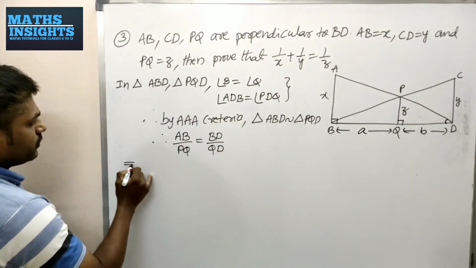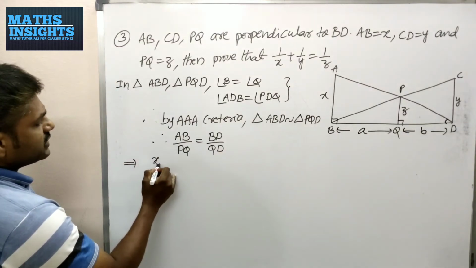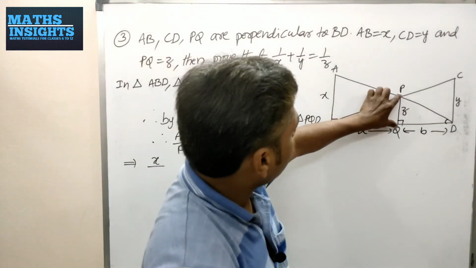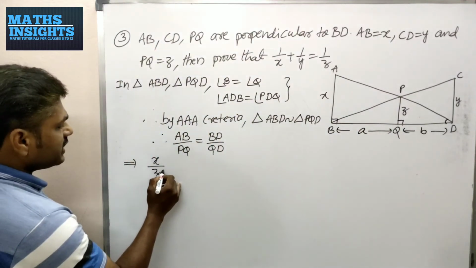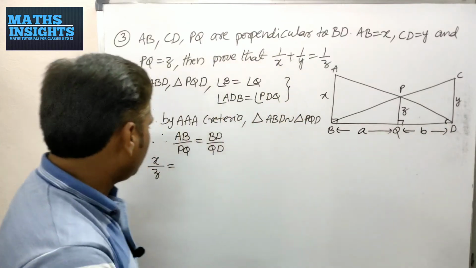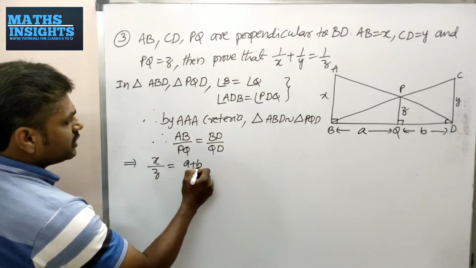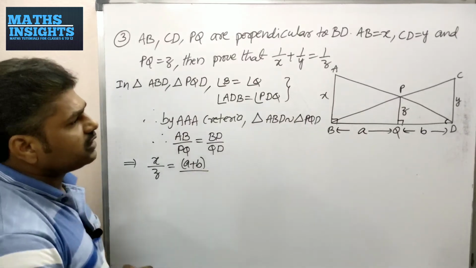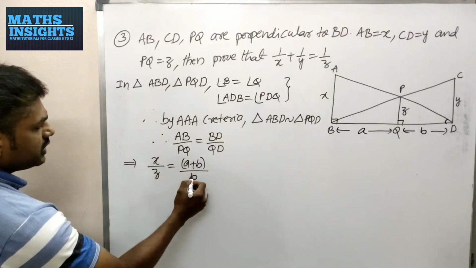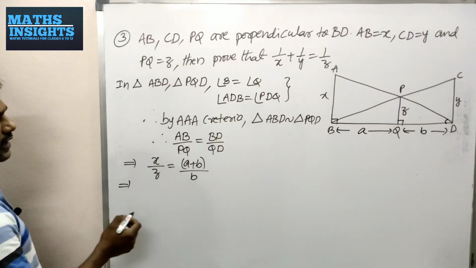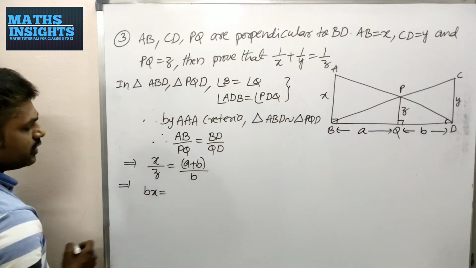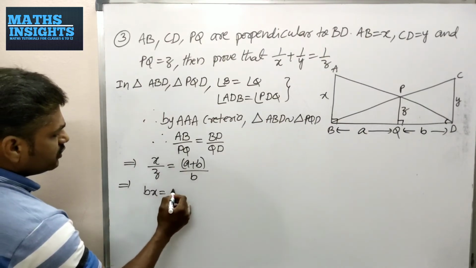That implies AB value is X and PQ value is Z. BD is nothing but A plus B, so I write A plus B, and QD, its value is nothing but B. Therefore, on cross multiplication, B into X will become Bx and Z into A plus B.